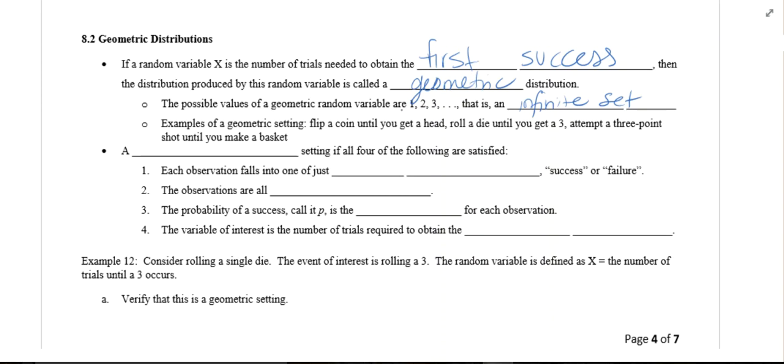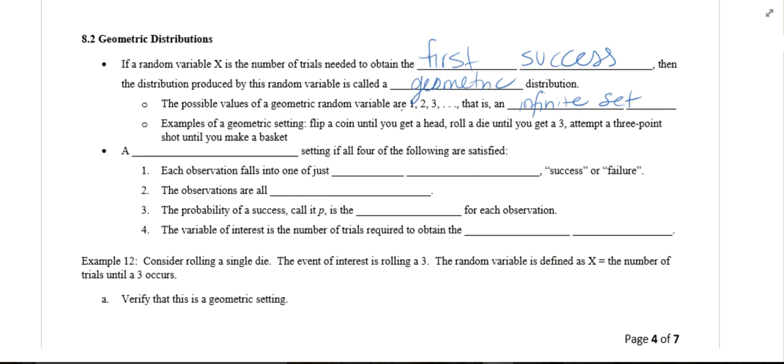Okay, so your first outcome, like in your table, is always going to be a 1. That's the possibility of your first success. If it happens on the second try, that means that you didn't get it the first time and you got it the second time. Okay, or on the third try, it means you didn't get it, and then on the third try, you got a head. Okay, so again, the whole goal of geometric is you're going until you get your success. So you roll a die until you get a 3. You attempt a 3-point shot until you make it.